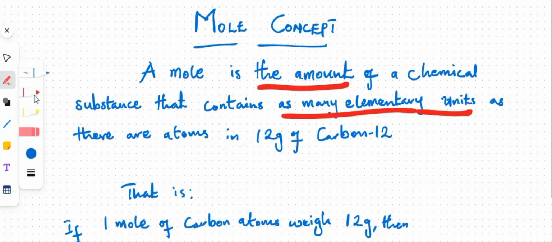And what are those elementary units that we are talking about? They can be your atoms, as many atoms as there are. They can be molecules. They can be ions.